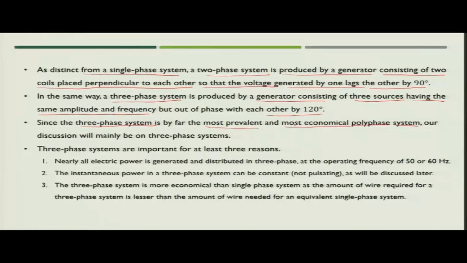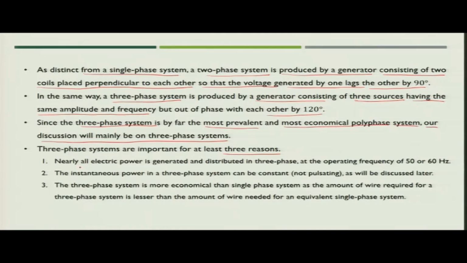Since the three phase system is the most prevalent and most economical polyphase system, in the normal power system network most of the time the power is supplied through a three phase system. So in our discussion we will concentrate on the three phase system. The three phase system is very important for three major reasons.